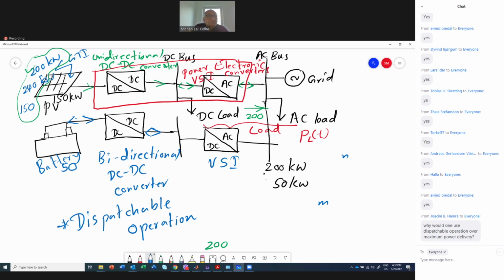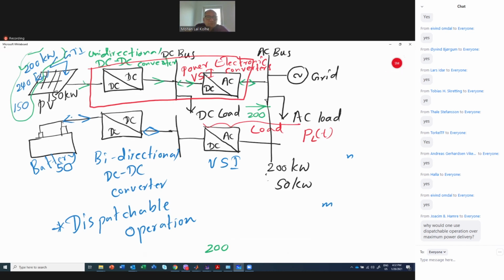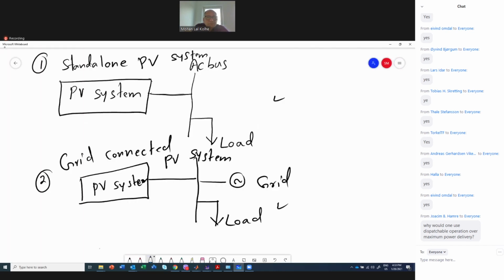So up to here, I explained the topologies. At the very beginning, I explained that we have two basic topologies, that is standalone PV system and the grid connected system.